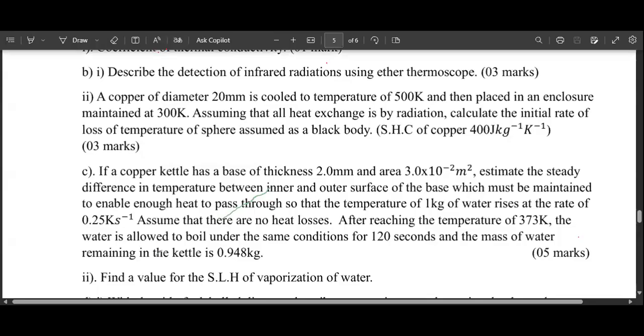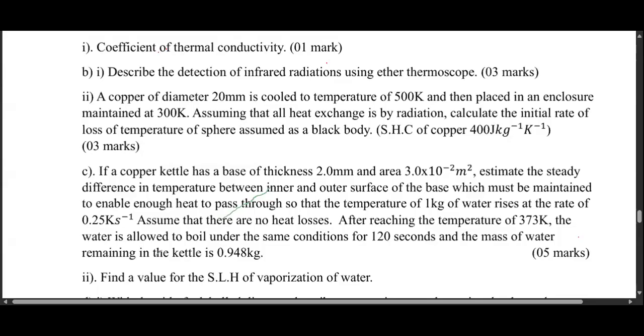Is it the radius or diameter? Diameter is 20 millimeters. The diameter is that, so our R is going to be 10 millimeters.